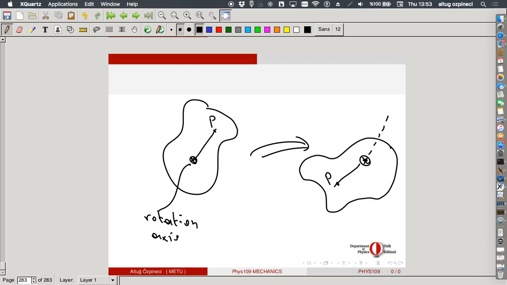This is the final line after it has rotated. So we can talk about this angle, delta theta. This is the orientation of my object. If I know this theta, then I know the orientation of my object relative to this reference direction. And if I measure the angle between these two orientations, that gives me the angular displacement. This delta theta is the angular displacement.